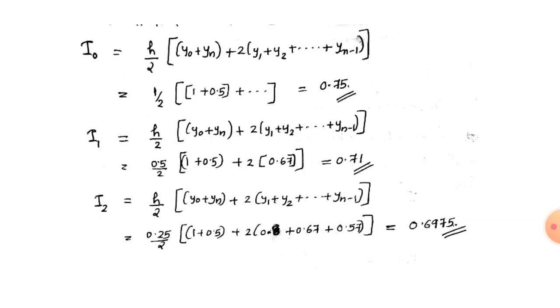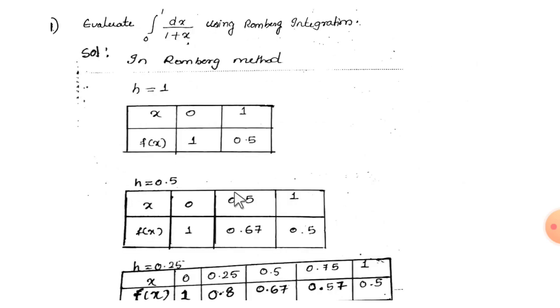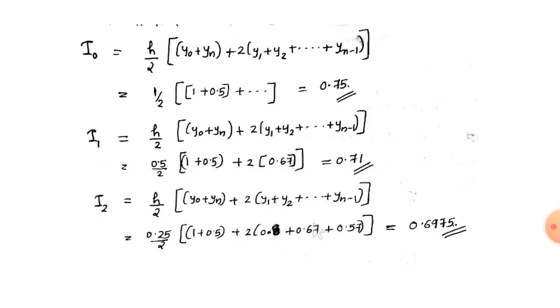Next you have to find I1. I1 is the value corresponding to h equal to 0.5. So when h is equal to 0.5, you have to consider this table. This is y0, this is yn and this is y1. Substitute the values in this. Substituting, you will get 0.71.